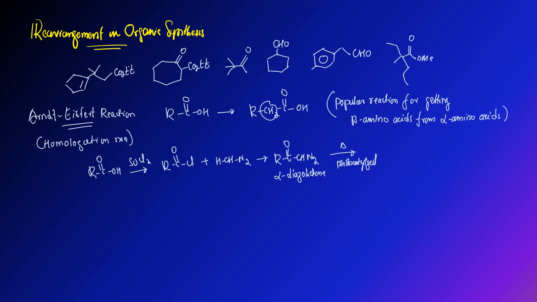Or we can use a catalyst of silver oxide for getting a carbene-like species.